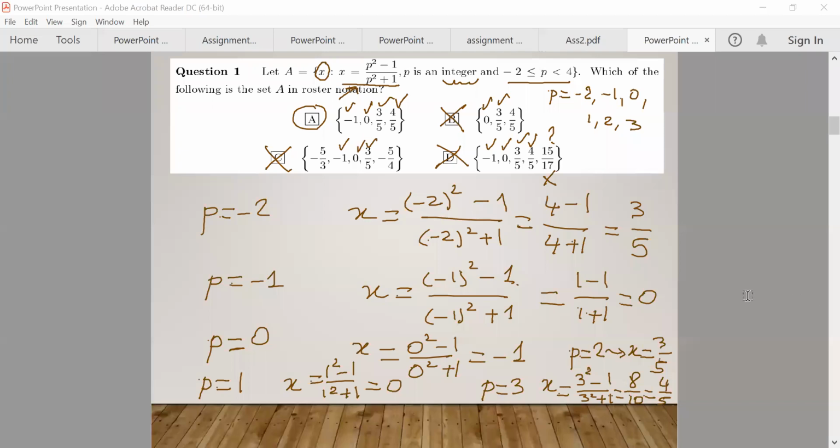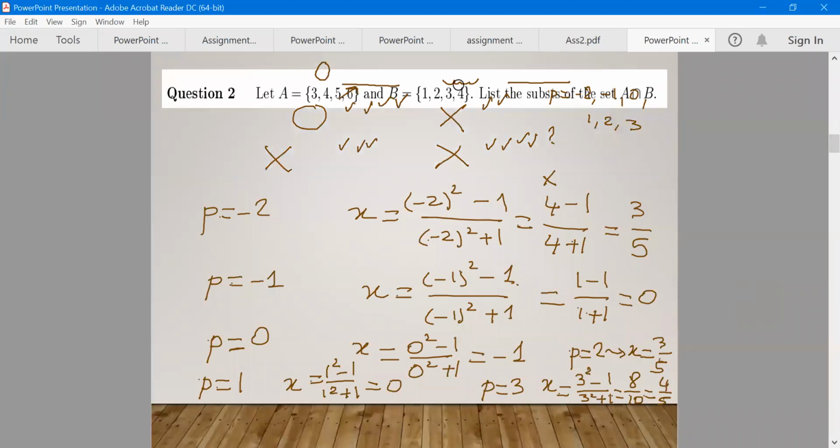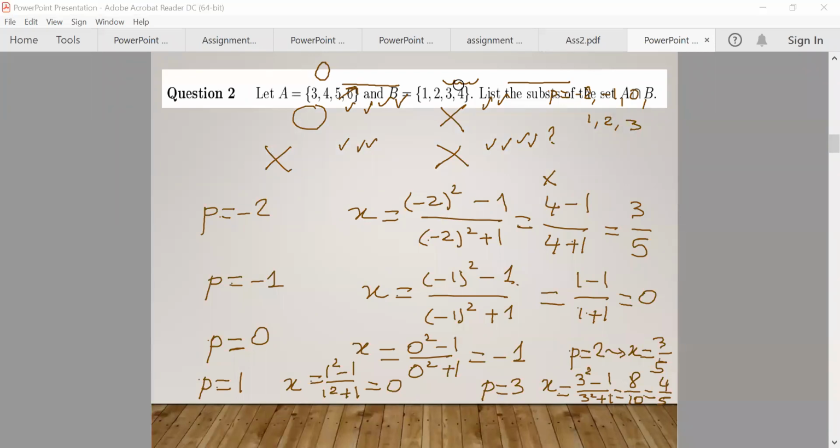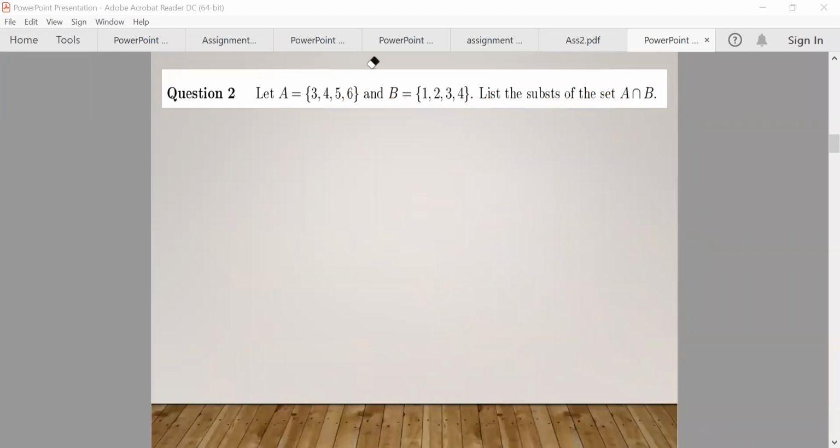Another exercise. We are given two sets A and B, and we want the subsets of A intersection B. So first step, we find the intersection, the common elements. 3 is in A, and 3 is in B. So 3 is in the intersection. 4 is in A, and 4 is in B. So it is in the intersection. 5 is in A, it's not in B. 6 is in A, it's not in B. So this is the intersection.